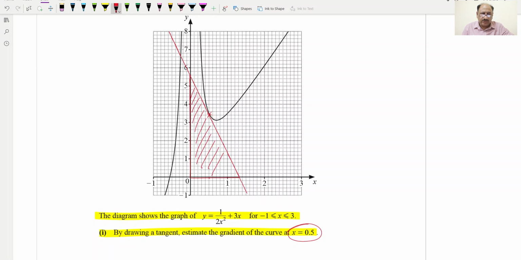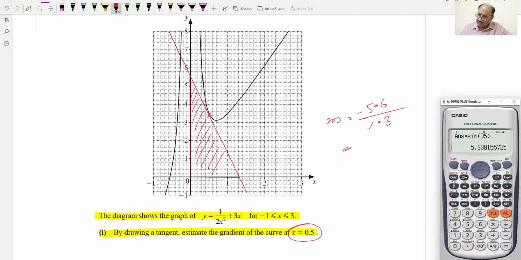So m value will be equal to, we can take m will be 5.6 up to this one, so minus 5.6 over this will be 1.3. So 1.3. This will be the gradient which we can find.